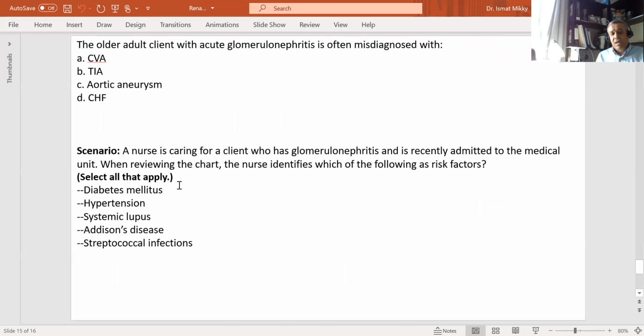So AGN, acute glomerulonephritis, and the most common type is the acute post-streptococcal type. Now, the clinical manifestations: edema, which is present in about 75% of cases with AGN, especially facial edema, the face, the eyelids, the hands.